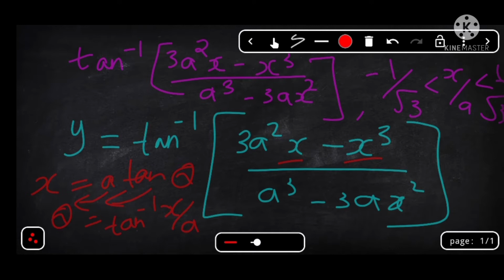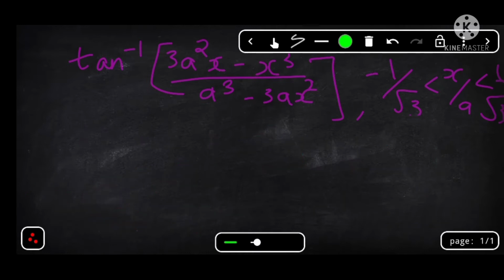Okay, so let's see what is the next step. We are just rearranging this given function. Like I am taking a cube as common, so we have a tan inverse.